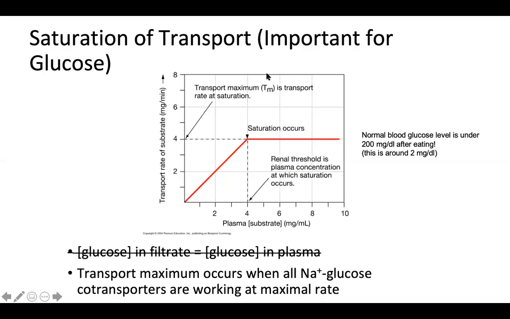Okay. So I have a question here. If you eat a lot of glucose, would that happen? And the answer to that is actually no, right? So maybe if you literally just sat there spooning straight table sugar into your mouth for a couple minutes or longer, you could actually get some glucose in your urine. But a healthy individual has such a strong insulin response that their plasma is never going to get that high.